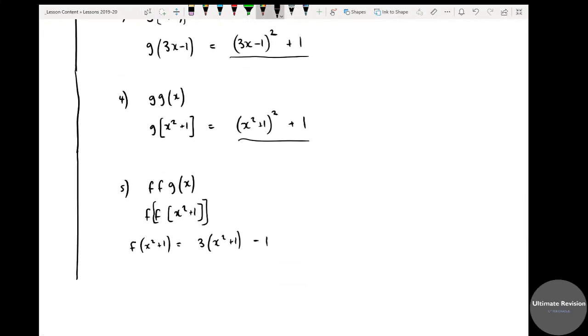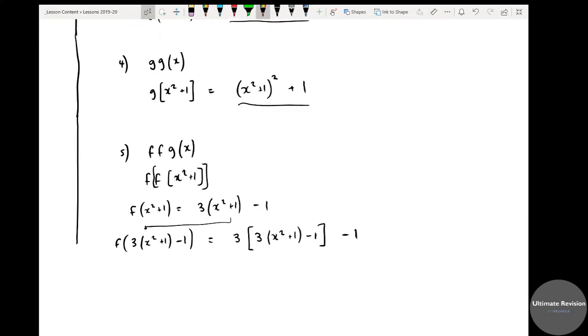And then I'm going to do f of this. I'm then going to do f of this whole thing. It's going to get a bit messy, but super fun question this. So I do f of the whole thing. There's going to be 3 of the whole thing. Again, this is well beyond GCSE. And then I've got to minus 1 there. And I could simplify this a little bit.